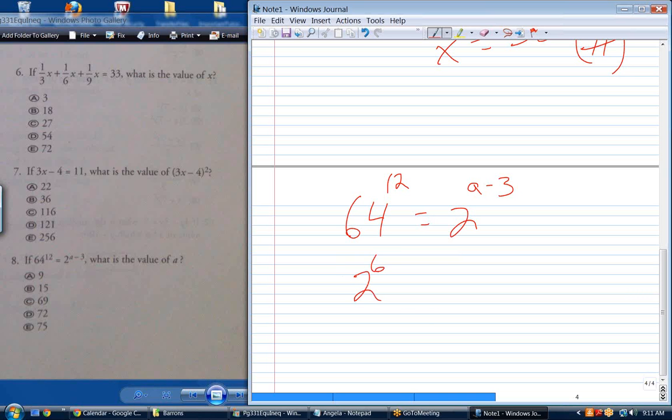Correct. Multiplied by 12 equals 2a minus 3. So then that would end up being 72 equals a minus 3, and then solve for a, which equals 75. Good.